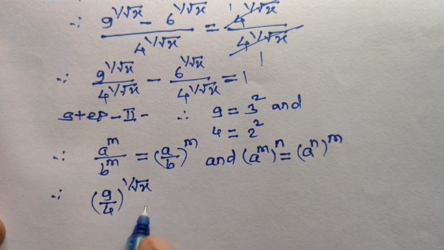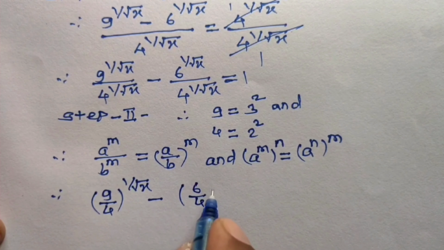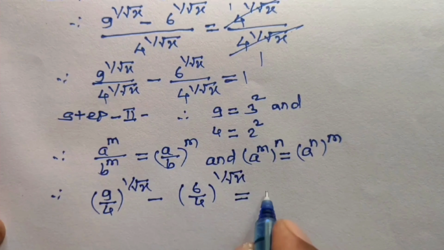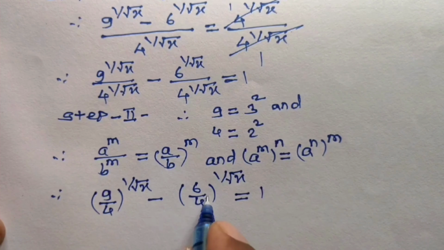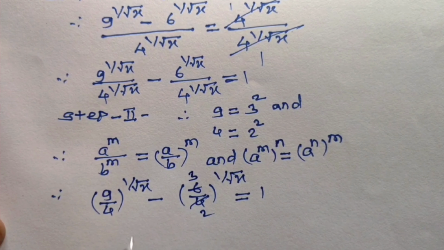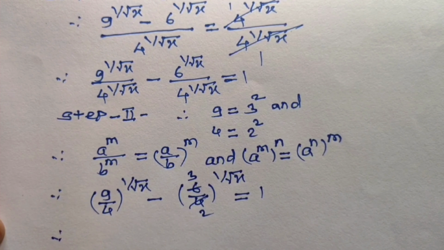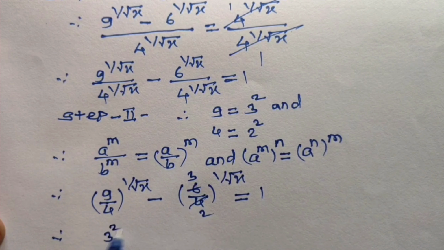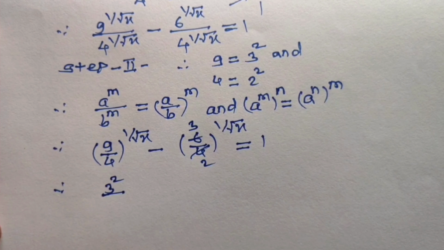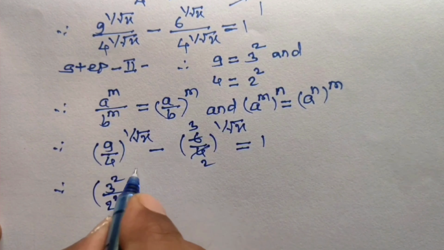Applying these laws of indices, the left hand side can be written as 9 divided by 4 to the power 1 over root x minus 6 divided by 4, which is divided by 2. Hence, it becomes 3 divided by 2 to the power 1 over root x, and the right hand side is 1.